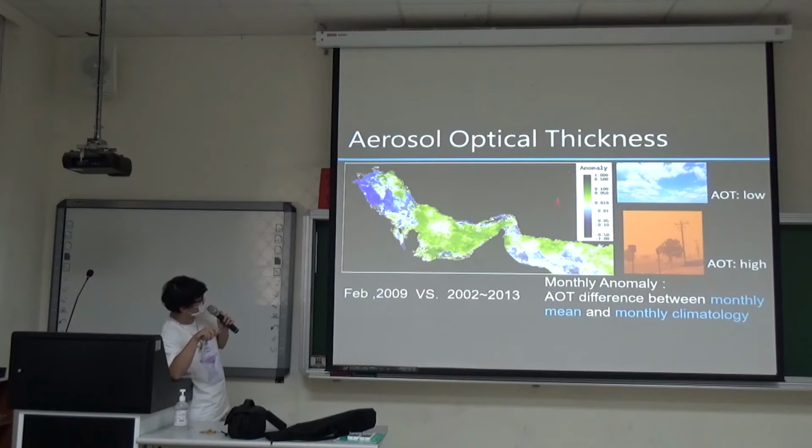And the color scale here is monthly anomaly. It is defined as the AOT difference between the monthly mean and the monthly climatology. And this means we calculate the AOT in February 2009, comparing it with the period 2002 to 2013.